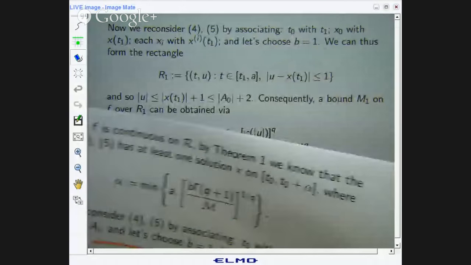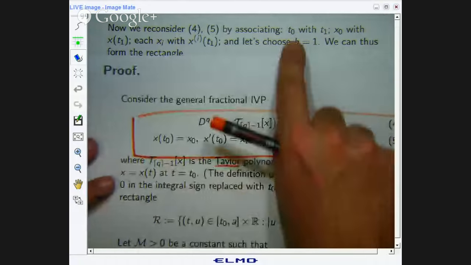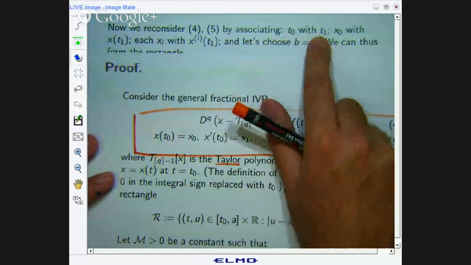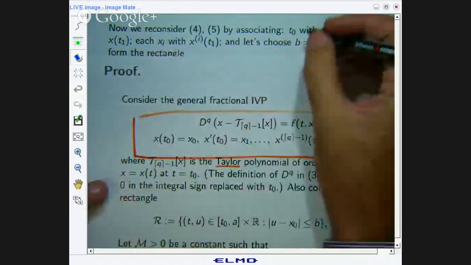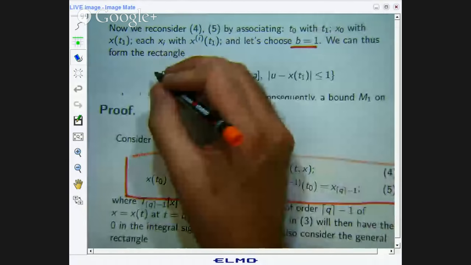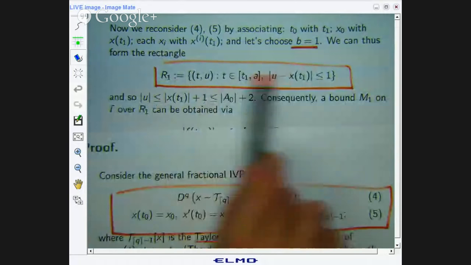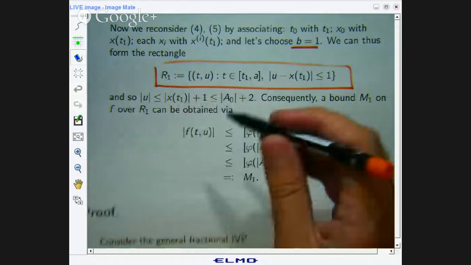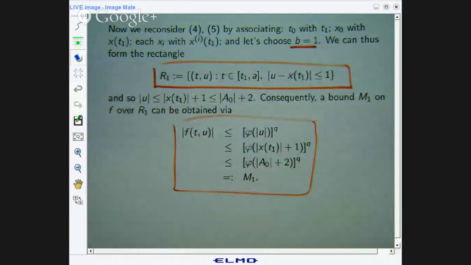All right, let's reconsider 4, 5 associating T0 with T1, or T0 with T0 plus T1. X0 with this, we choose the same value of B, and thus we form this rectangle R sub 1. And you can rearrange this to get this, and this comes from the previous page, and then you form a bound in the same way. Call it M sub 1.